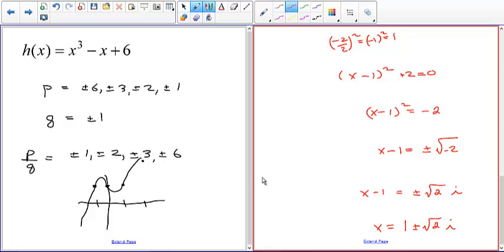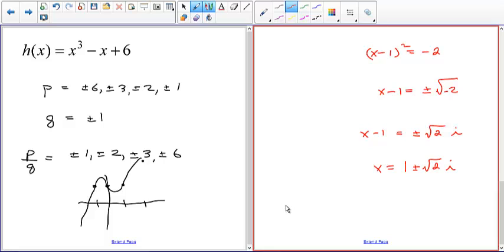So now we have all 3 zeros. Here are the zeros: x equals negative 2, x equals 1 plus the square root of 2 i, and x equals 1 minus the square root of 2 i.